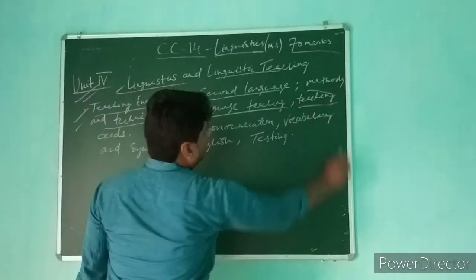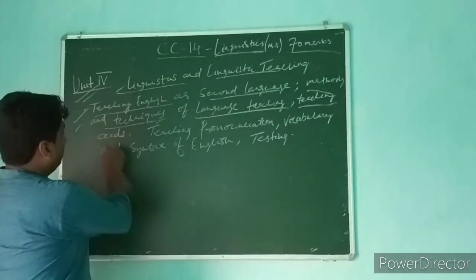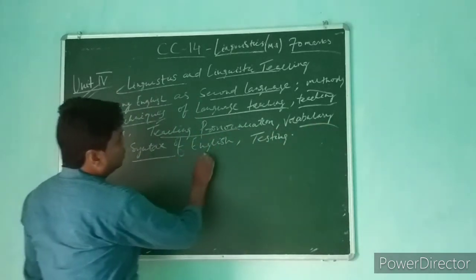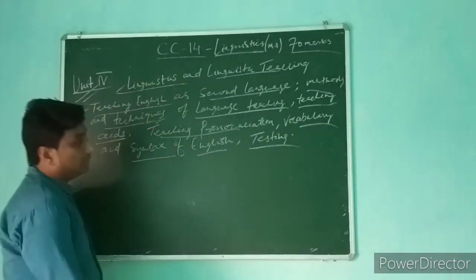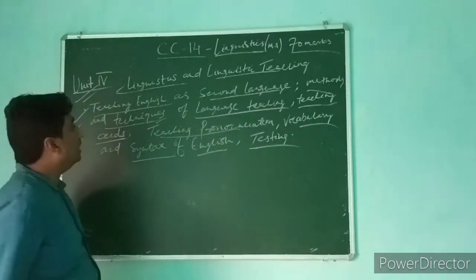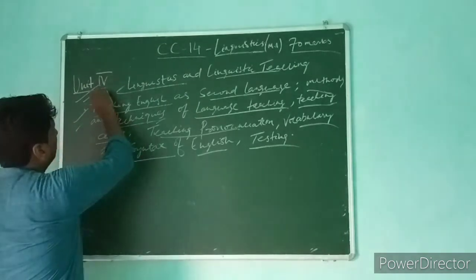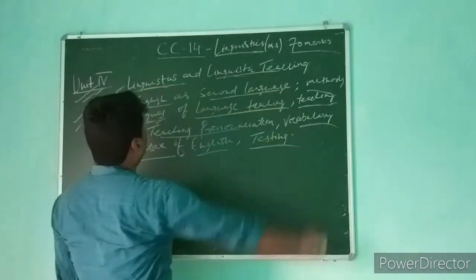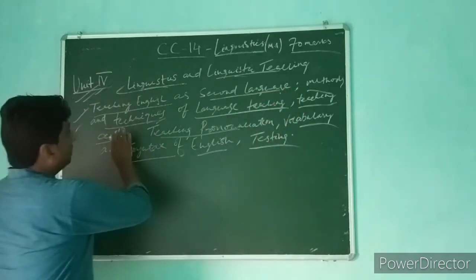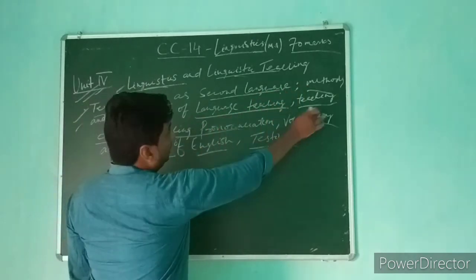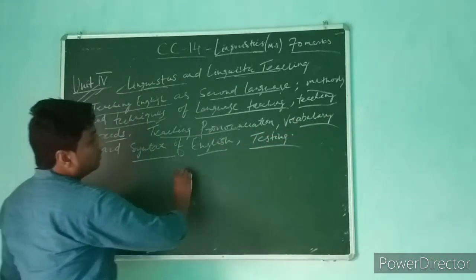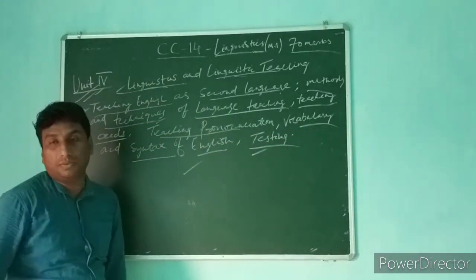The second subtopic is teaching aids, teaching pronunciation, vocabulary and syntax of English. And the last one is testing. So these are the key concepts that we have to study within unit 4, which is linguistics and linguistic teaching.